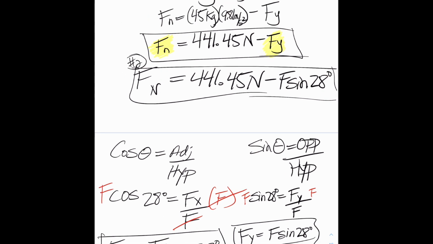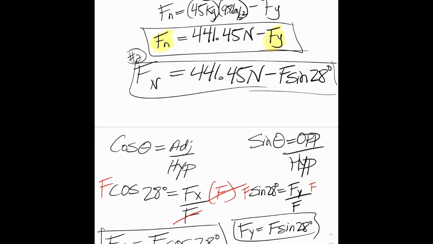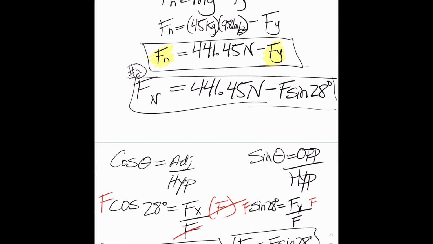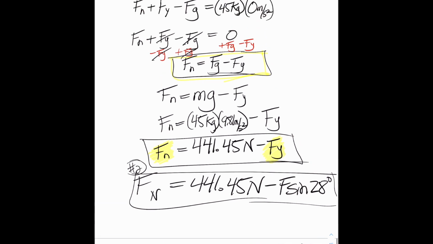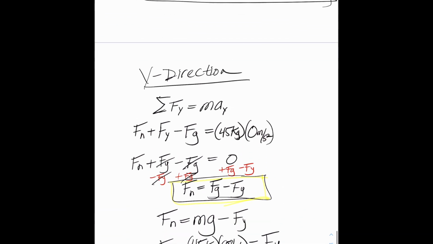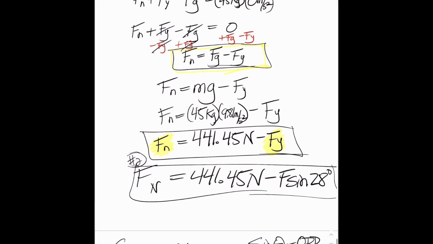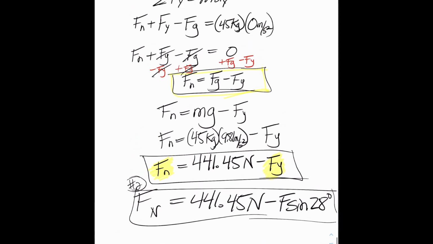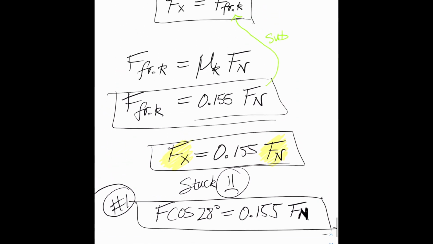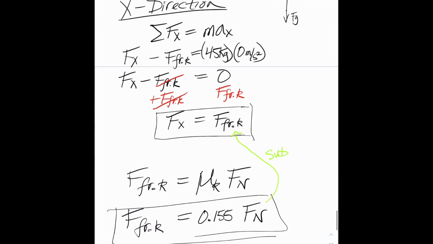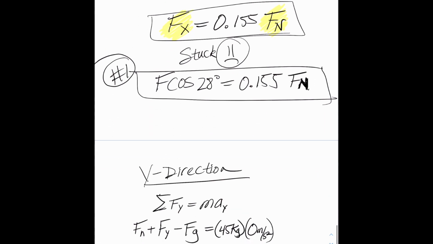And so how do we do this? Well, we just sub, right? We sub into one, solve for something and sub into the other. So what will be the easiest? Well, what did we want to know here? We wanted to know frictional force, and to get frictional force, we wanted Fn.